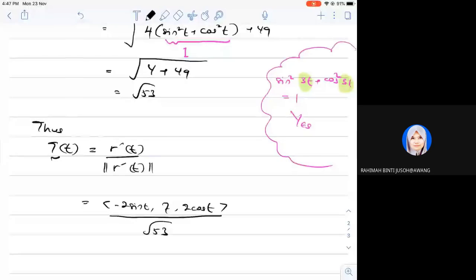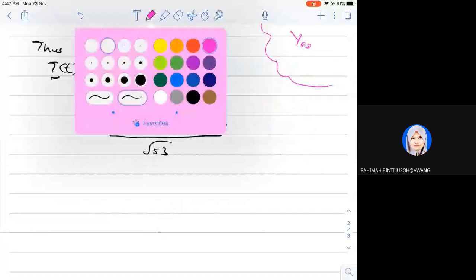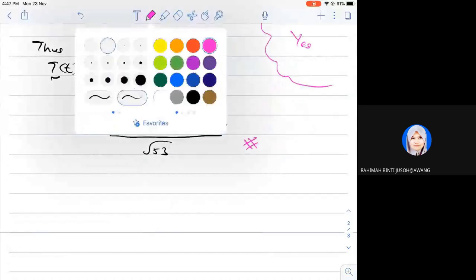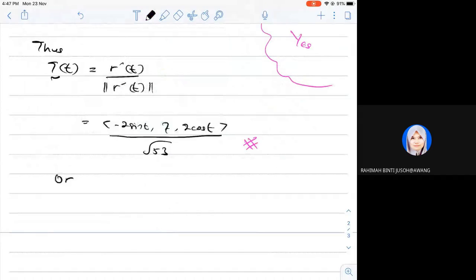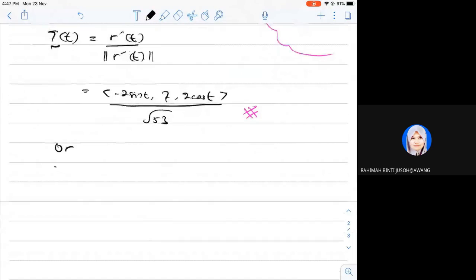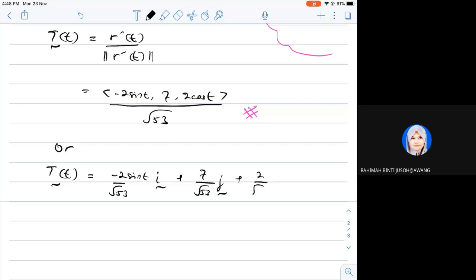You can write your answer like this, or you also can write it as negative 2 sin t over square root 53 i plus 7 over square root 53 j plus 2 over square root 53 cos t k. Either one.